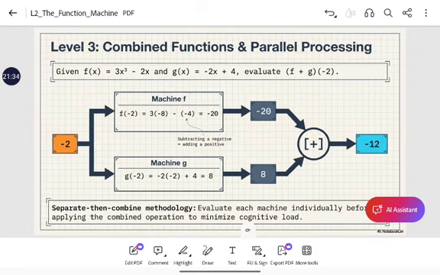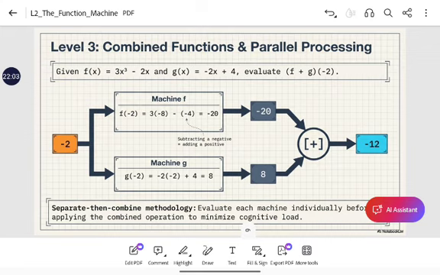So we are given that f of x is equal to 3x cubed minus 2x, and g of x is equal to negative 2x plus 4. Evaluate f plus g of negative 2.